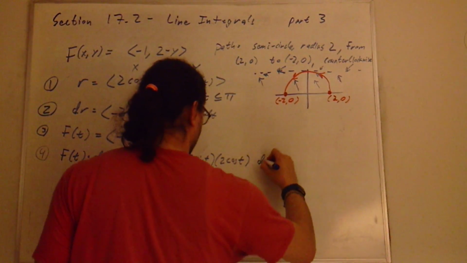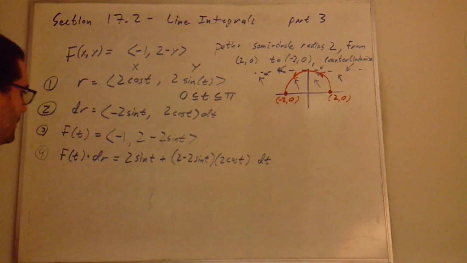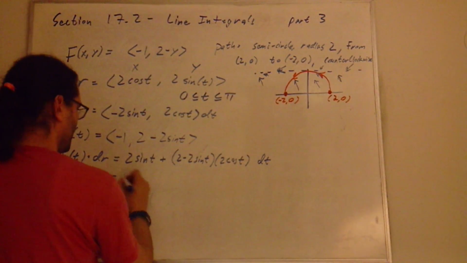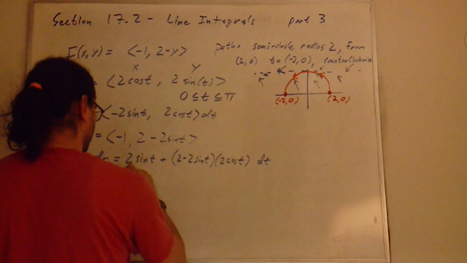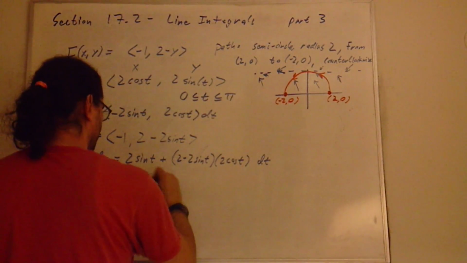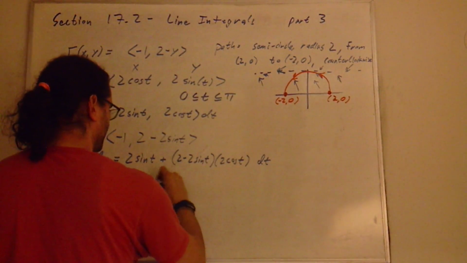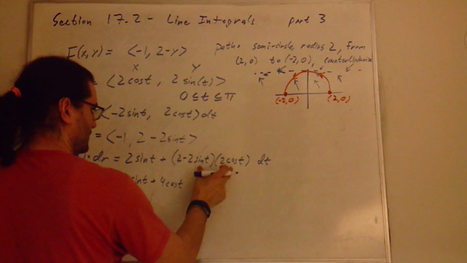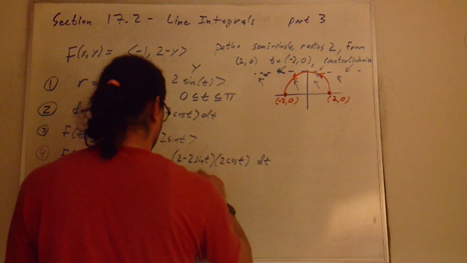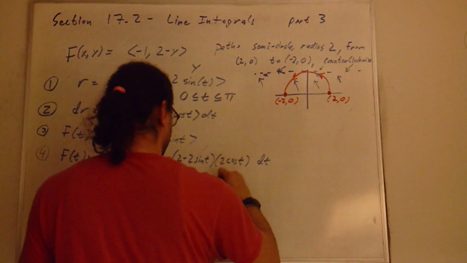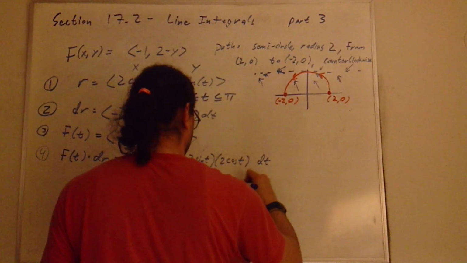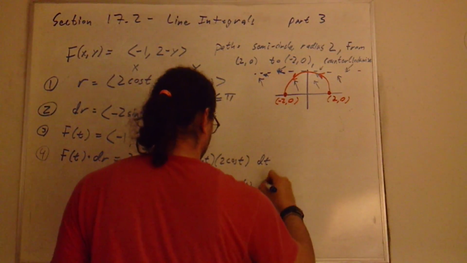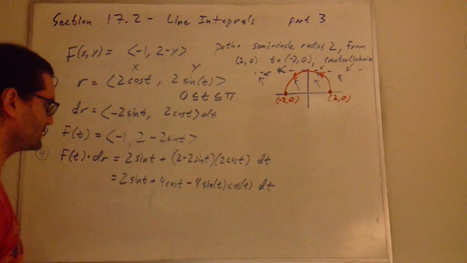I'll toss a dt at the end of that. So simplifying this a little bit, I'm going to have 2 sine of t. This should give me 4 cosine of t. And I'll get negative 4 sine t cosine t dt. This is my dot product.